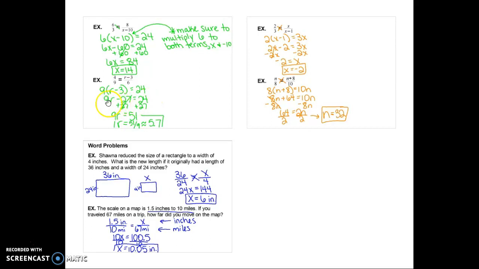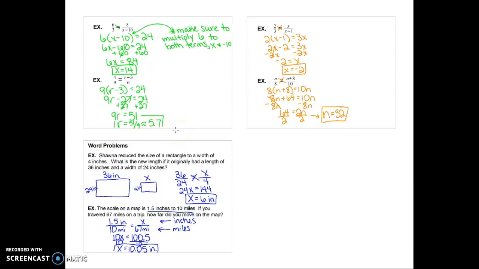Again, my goal here is to solve for r. I have to get that by itself, so it's a two-step equation. Add 27 to both sides, then divide both sides by your 9. Okay, that's going to end up giving you 51 divided by 9, which does not work out evenly, and that's fine. 51 divided by 9 is approximately 5.7.